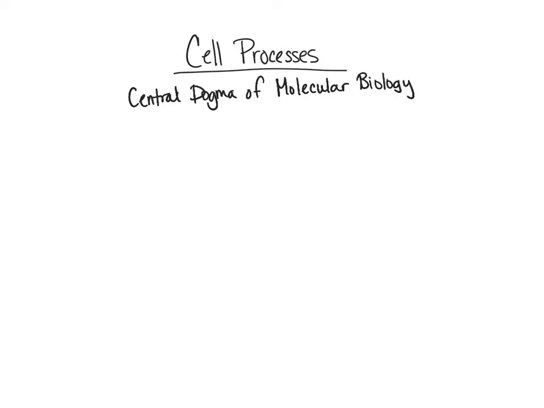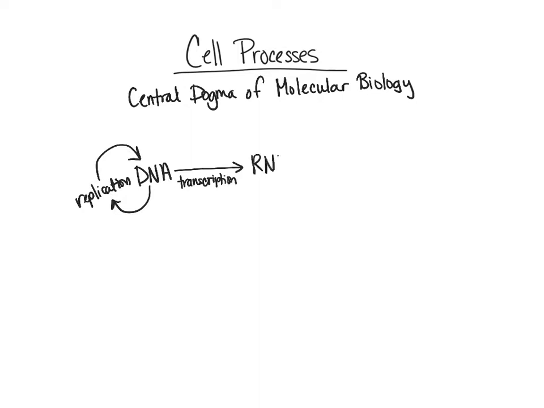And what this is saying is that the general idea of molecular biology is that DNA, if we go through the process called replication, can make copies of DNA. But if we take DNA and go through the process called transcription, we make RNA.